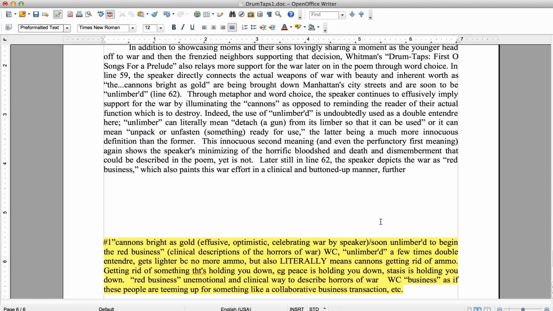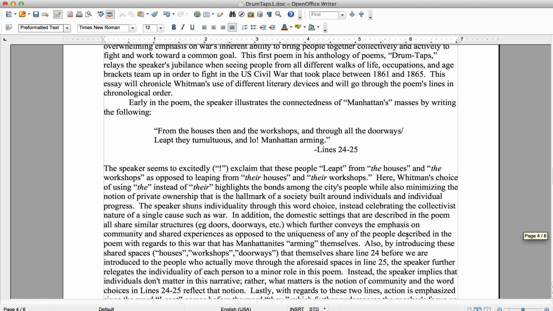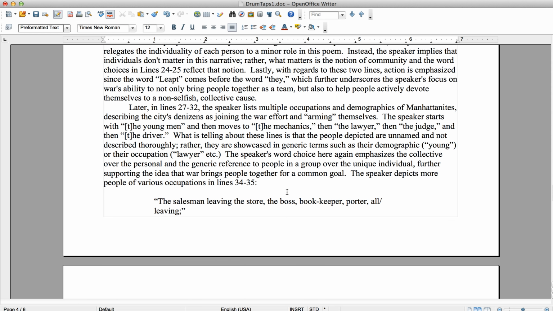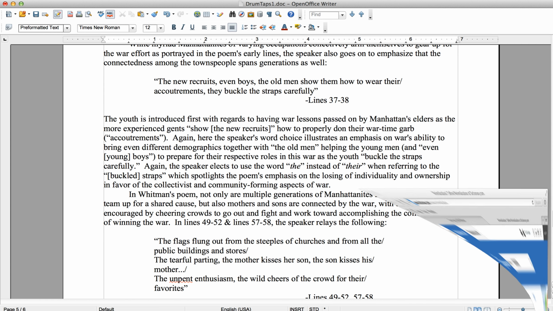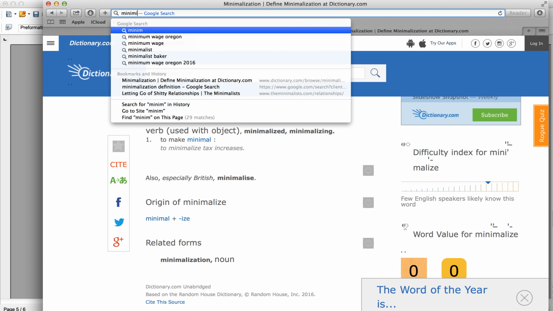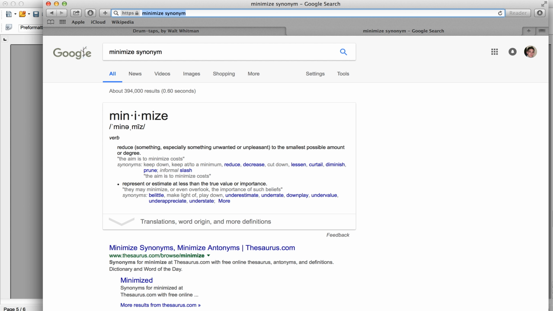Further, you could say reducing the focus, and again it's minimizing, which goes back to our thesis, minimizes the atrocities of war. So let's look up synonym of minimizing. Minimize. And this is how I would think, you know, and I probably remember all these words, but under duress, sometimes your brain is not going to be 100% sharp. So it's okay. Just look stuff up and you move on.